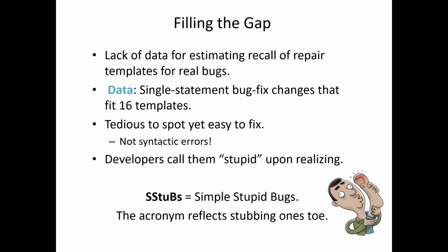But upon realizing that the developer has made such a mistake, they might call themselves, quote unquote, stupid. So we named these kinds of bugs simple stupid bugs. Thus came the acronym STUBs, which reflects stubbing one's toe and the pain they feel at that time.